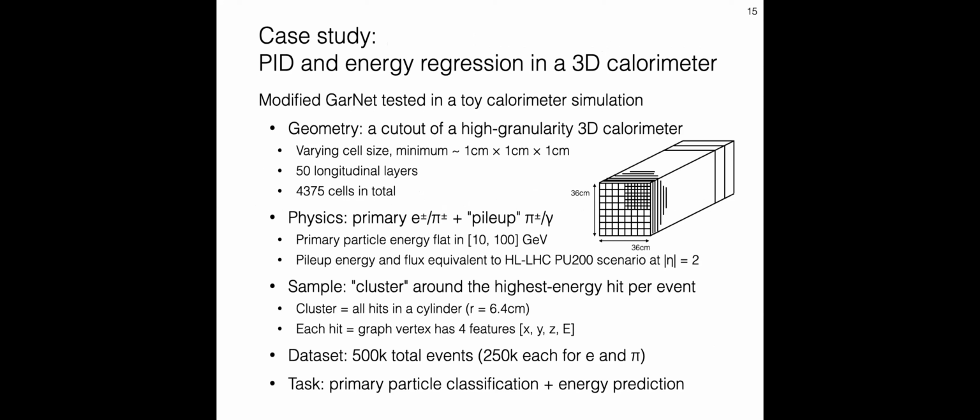But just as a case study, to see whether this actually works, we applied this network onto a toy calorimeter simulation. The geometry of the calorimeter is cut out of a high granularity 3D calorimeter with like 50 layers and some fine segmentations in X, Y. As a physics process, we just shoot electrons and pions and a lot of pileup pions and photons on top of them.